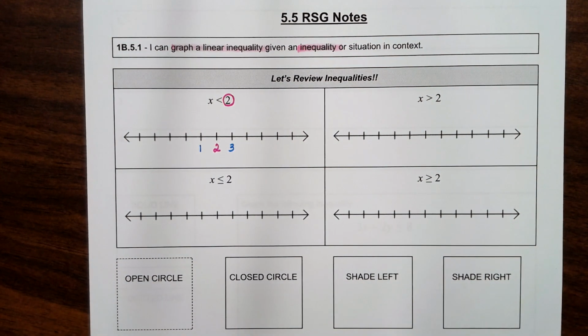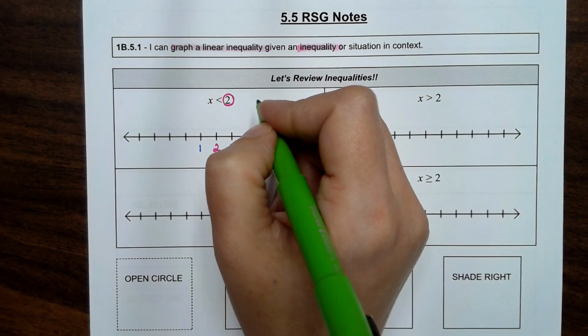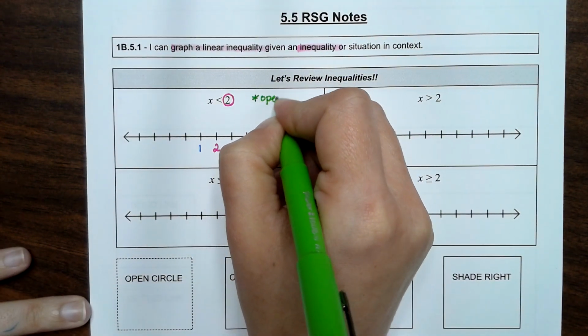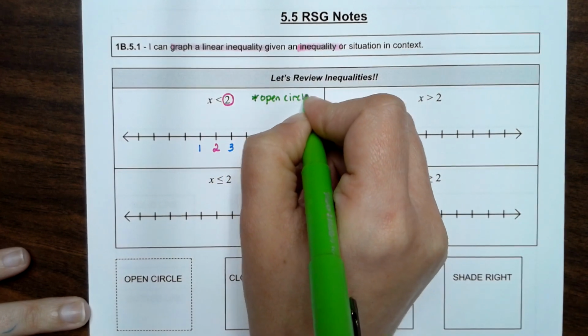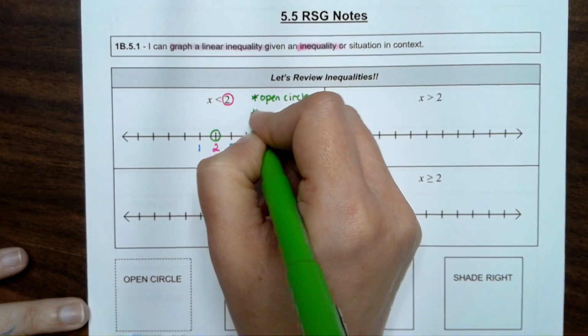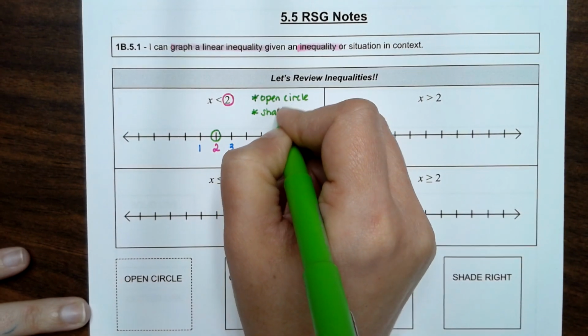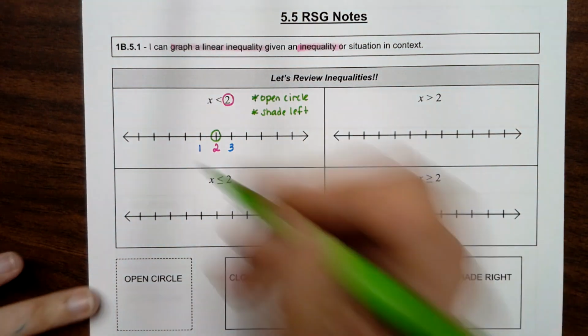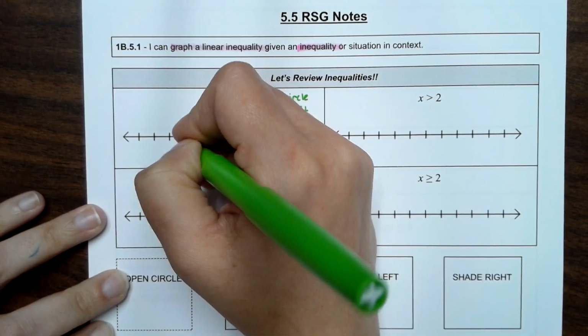If we're graphing less than, we would use an open circle because there's a less than, and we would shade to the left because there's a less than. So we would shade in this direction.